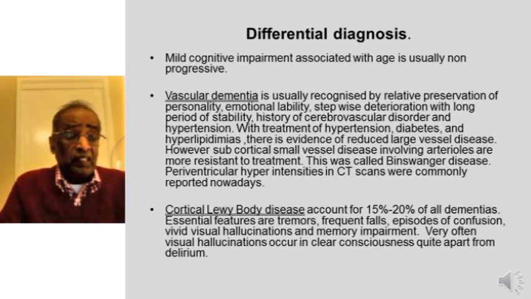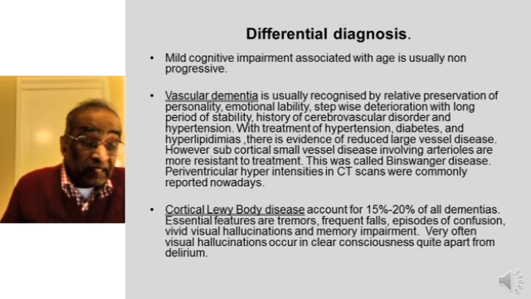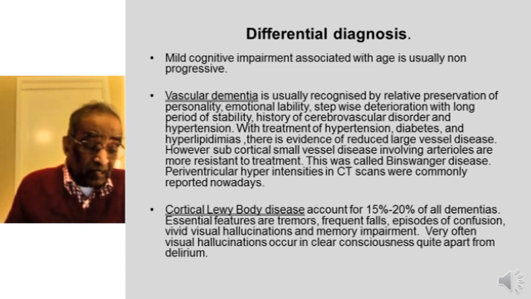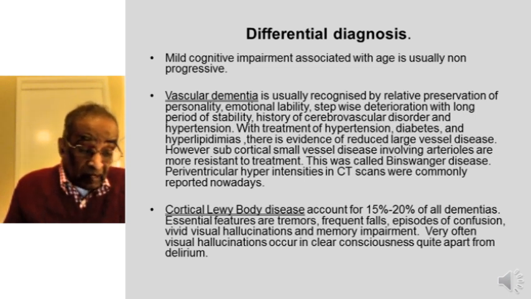Other dementias that may enter into the differential diagnosis should be carefully noted. Look out for Parkinson's disease. I have already mentioned cortical Lewy body disease. Frontotemporal dementias sometimes present like Alzheimer's.